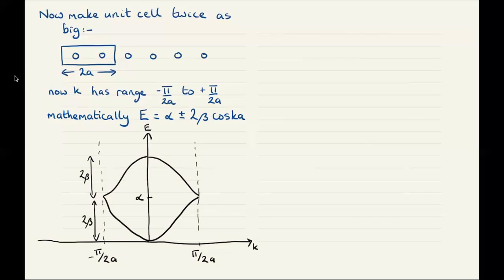And we have 2 bands because we had 2 atoms per unit cell, and they're within a range half of that which we had in the previous case with 1 atom per unit cell.